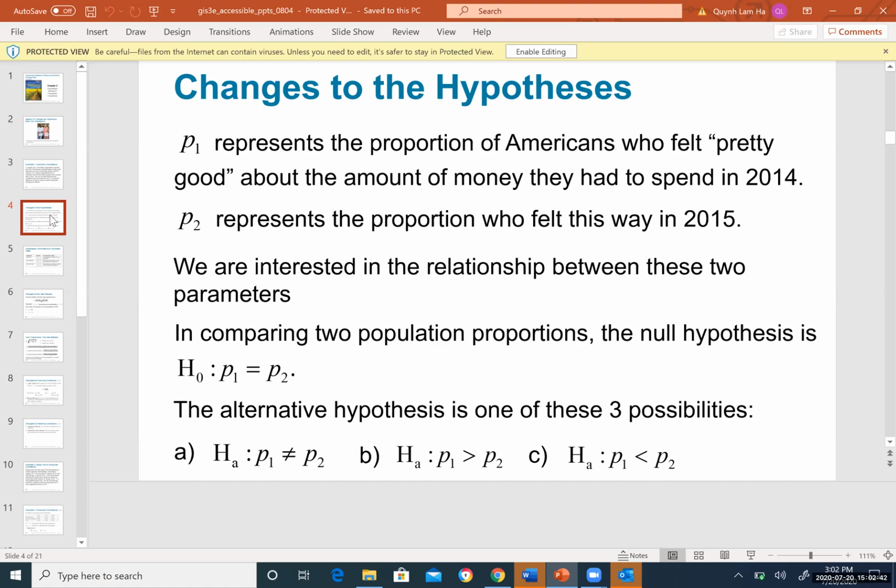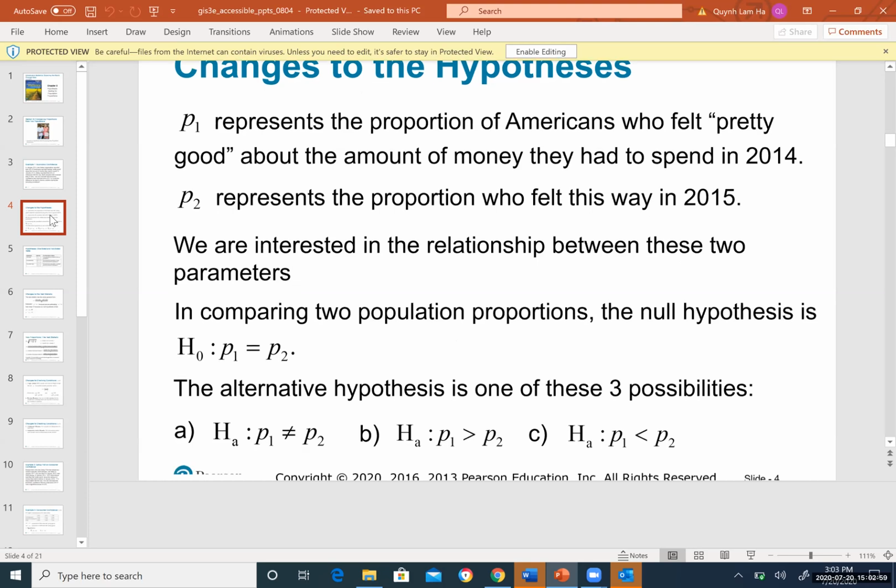And the estimators, you will learn later, not right now. Here you're focusing on the parameters. So P1 and P2 are talking about the entire population proportion. So in order to compare P1 and P2, what do you do?